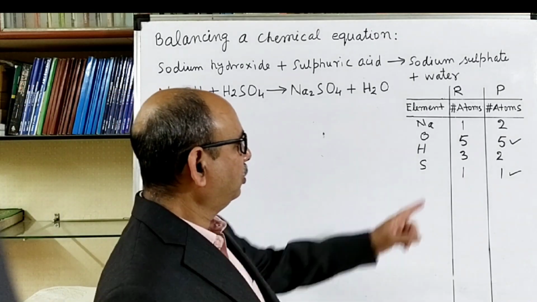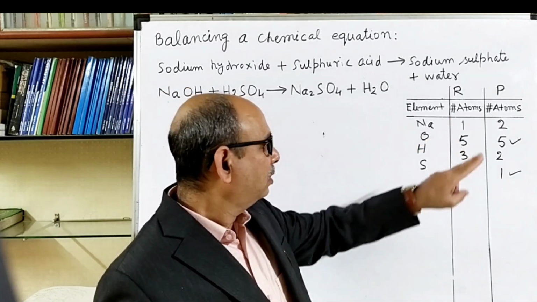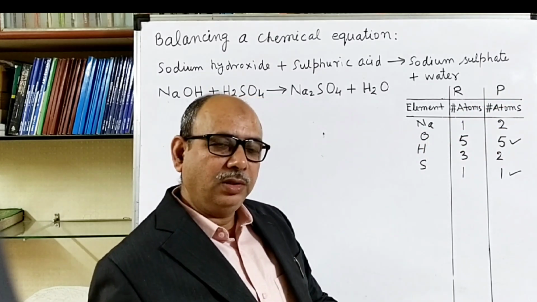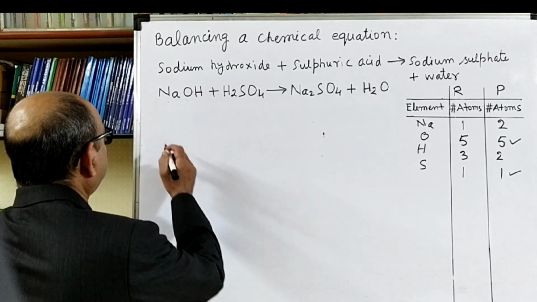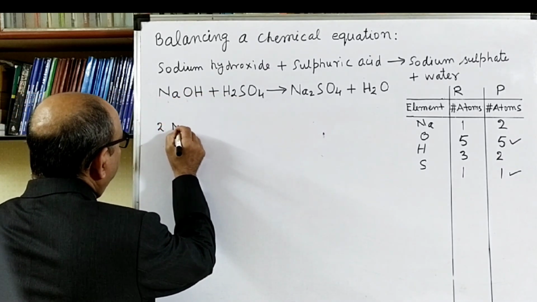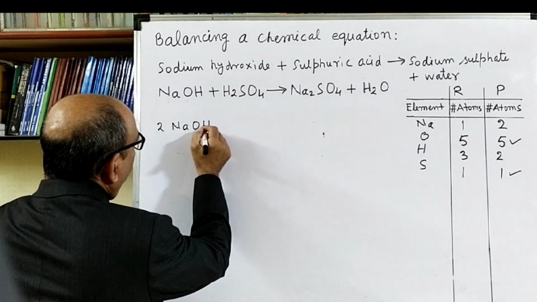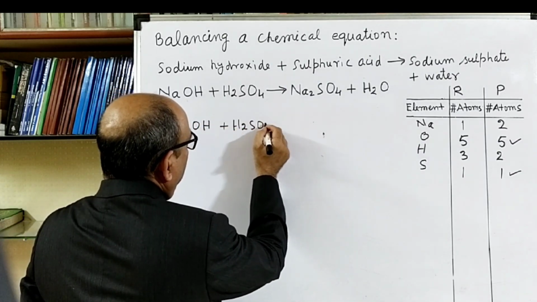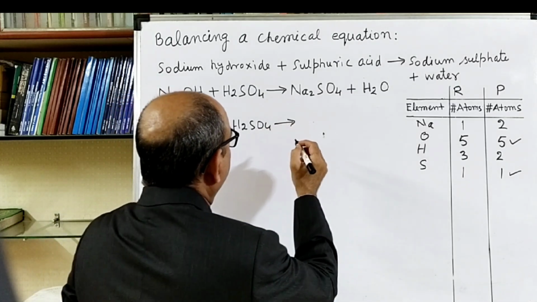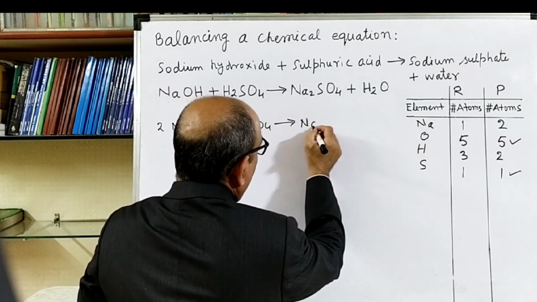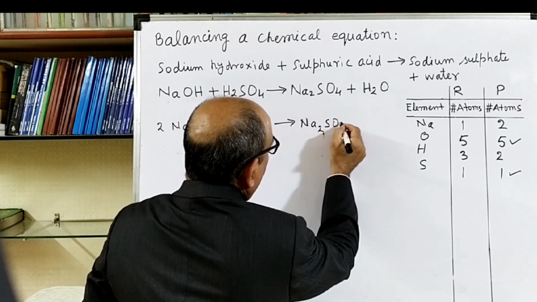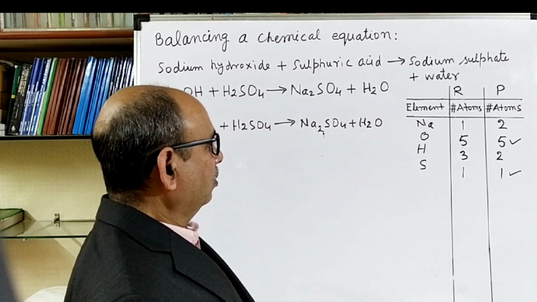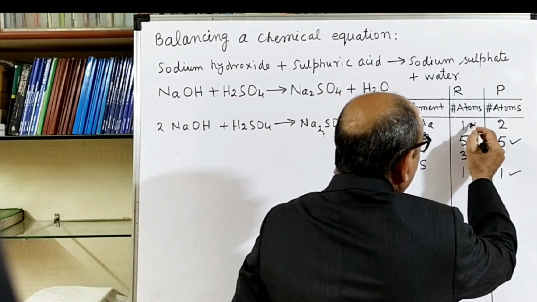If we multiply here by 2, you will get 2 sodium atoms in the reactant and 2 sodium atoms in the product. 2 times NaOH plus H2SO4, here we multiply it by 2.